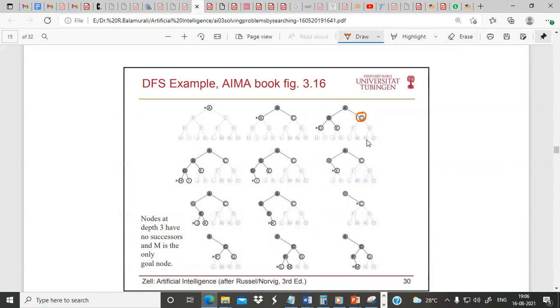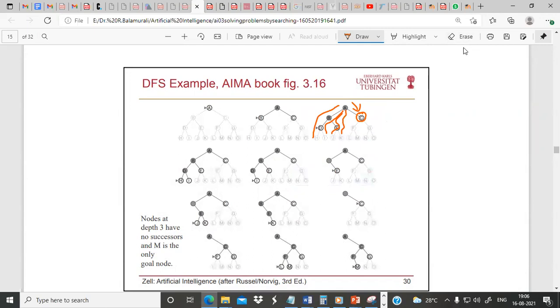But still, C is only at level 2, and DFS will first explore all this path, then this path, then this path, then this path. Then only it will come to C. That is, it will explore the entire left subtree, and after that only it will come to C. So this is one of the major drawbacks with the DFS algorithm.